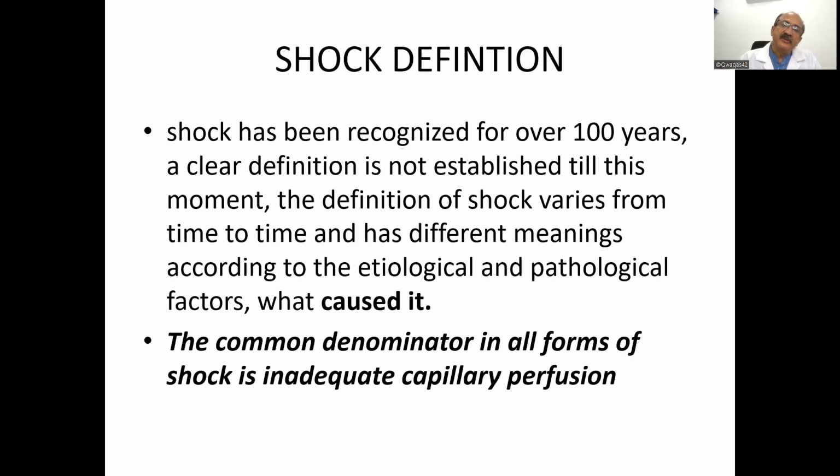Although shock has been recognized for over 100 years, we still haven't had a clear definition till now. Whatever the cause, etiology, and pathological factors, and however many the causes are, the common denominator in all forms of shock is inadequate capillary perfusion.